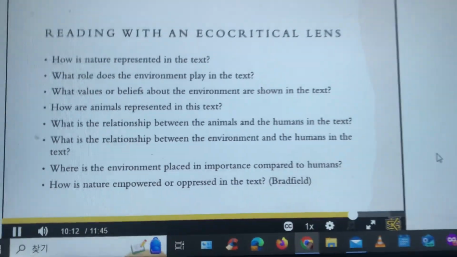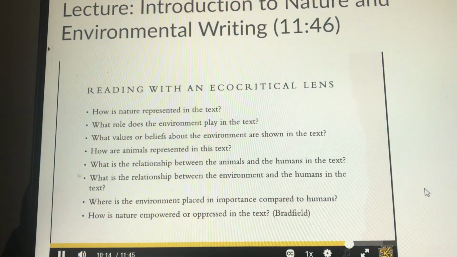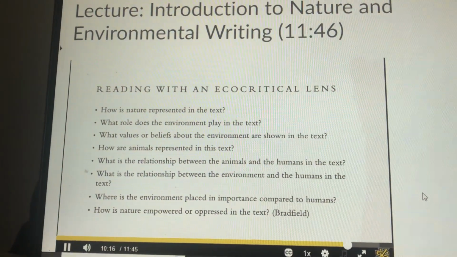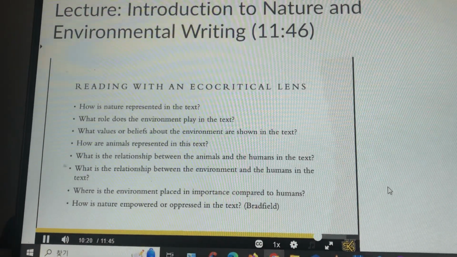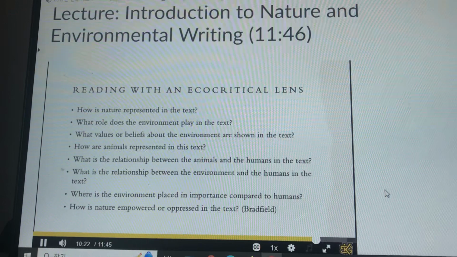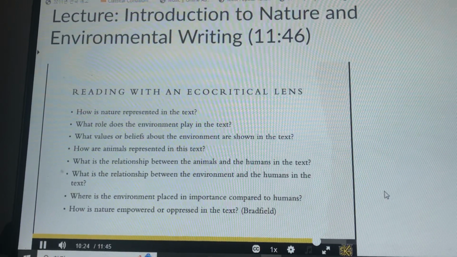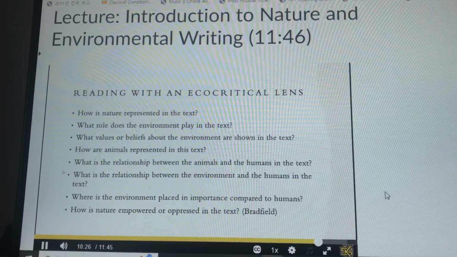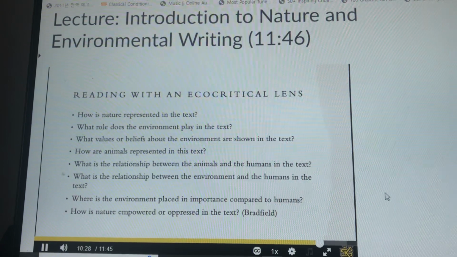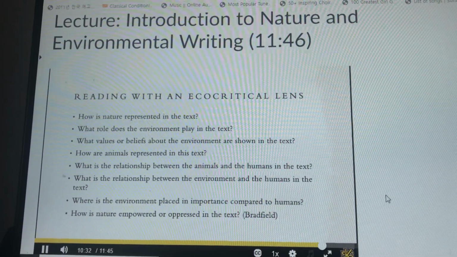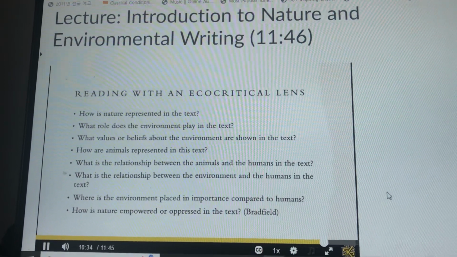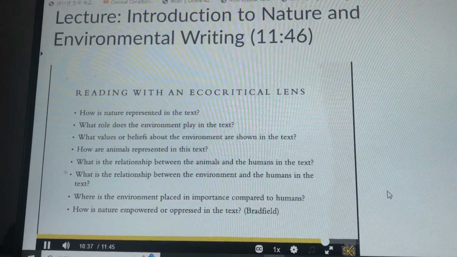I'll talk more about this as we go along, but for now I recommend using these questions to read our course material and your writing group members' writing, or your own writing for that matter, through an eco-critical lens. How is nature represented in the text? What role does the environment play in the text? What values or beliefs about the environment are shown in the text?